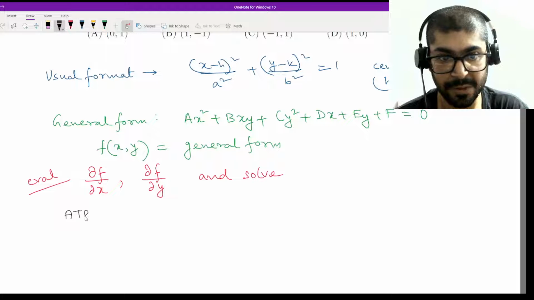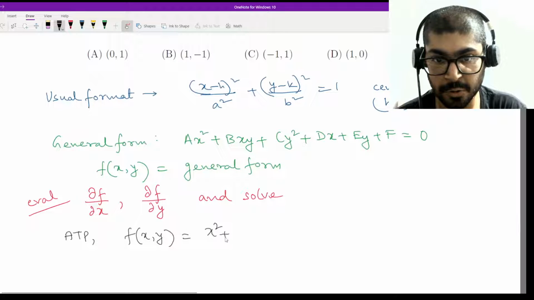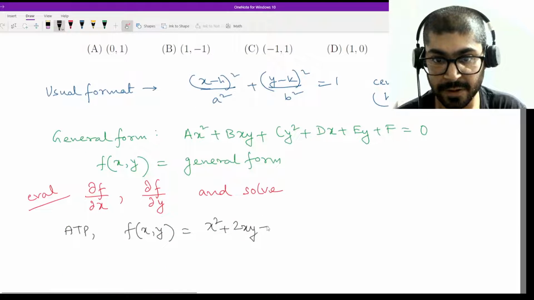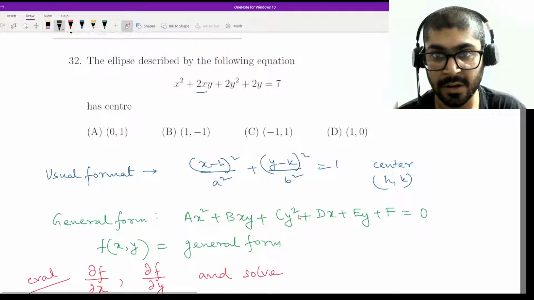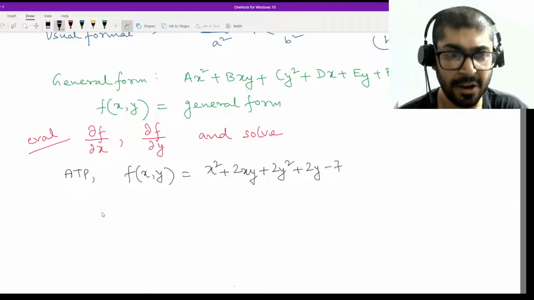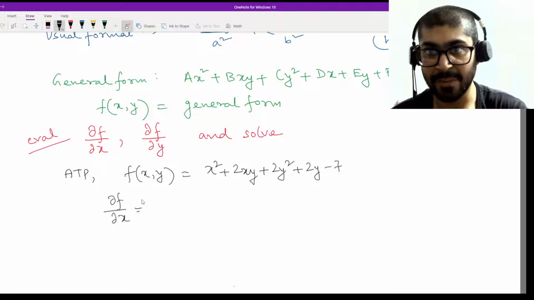According to the given problem, we have f(x, y) equal to x square plus 2xy plus 2y square plus 2y minus 7, right? Now once we calculate del f del x, we take everything apart from x to be constant.